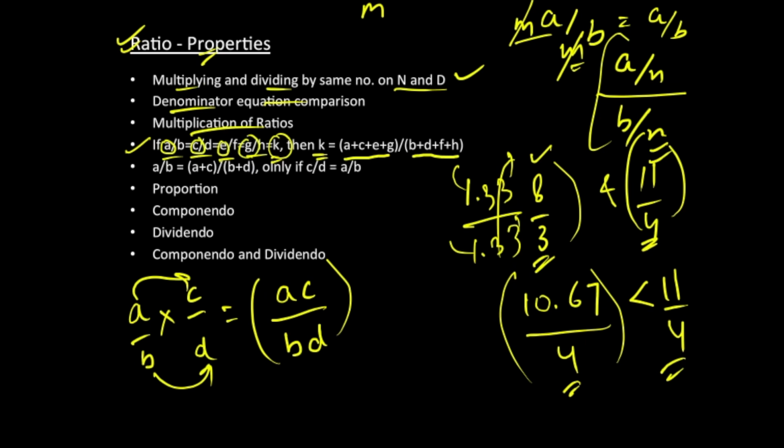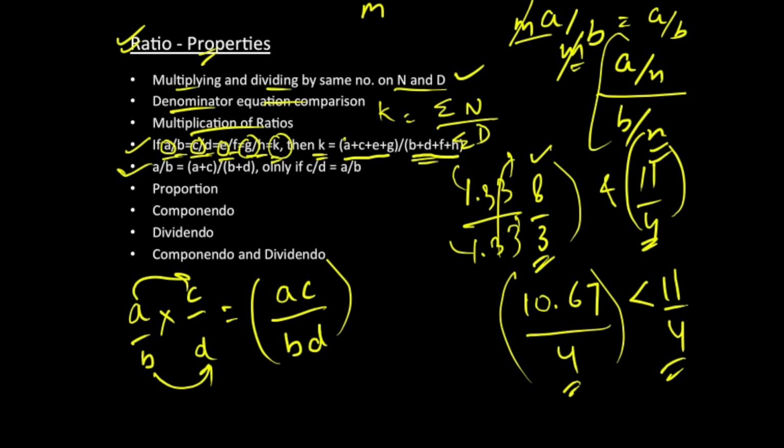So you have to add all the numerators and divide this summation by the summation of all the denominators, that is B, D, F and H. So your K's value would be the summation of numerators divided by the summation of denominators. This can be found out only if the expression given to us is A upon B is equal to C upon D and so on.